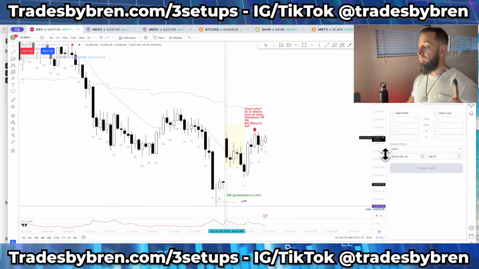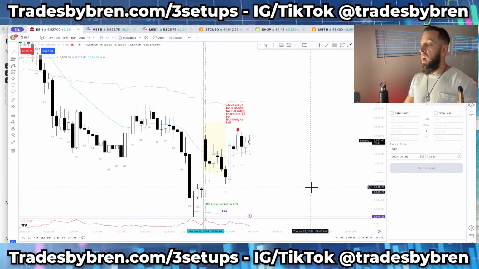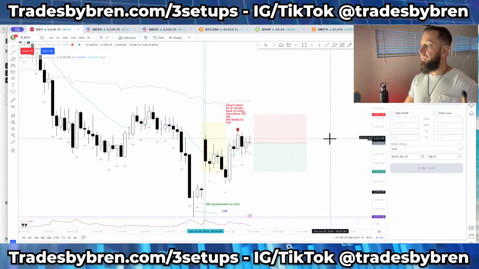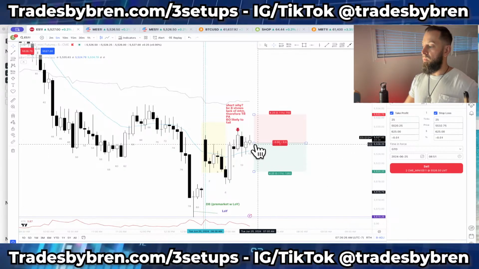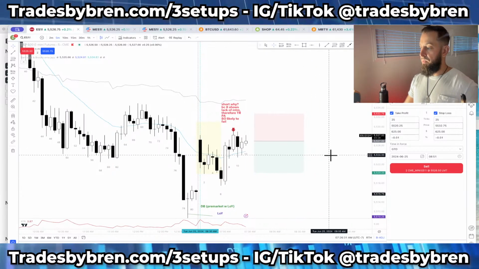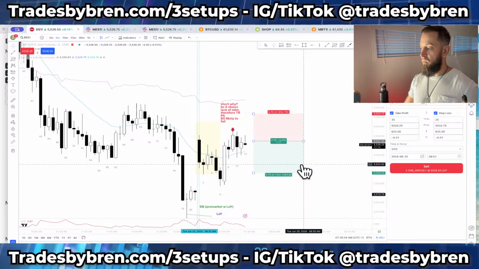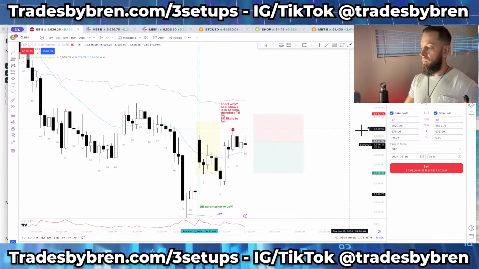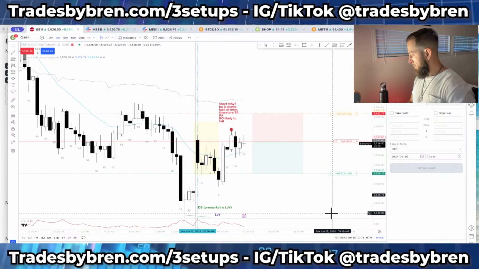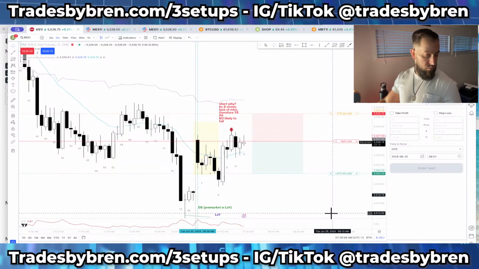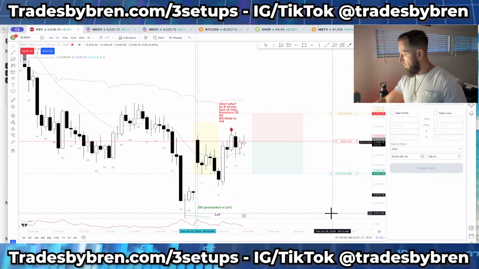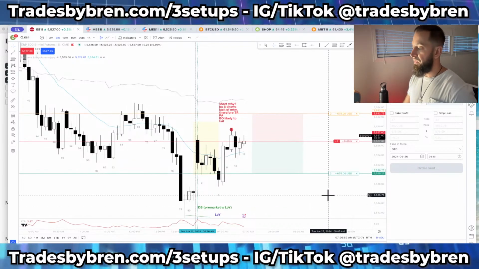Interesting. Bulls buying 11. I would expect that to fail. So I might sell that. 3 minutes left on the candle. Where do I put this? Up there. Okay.